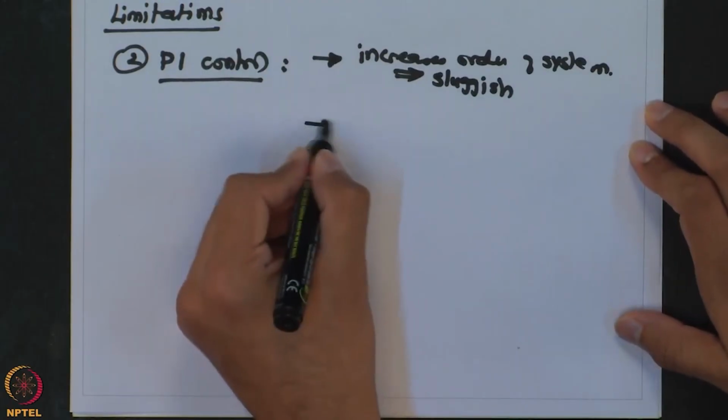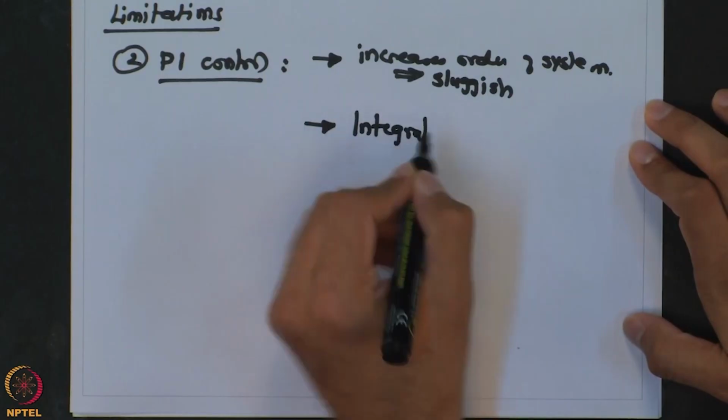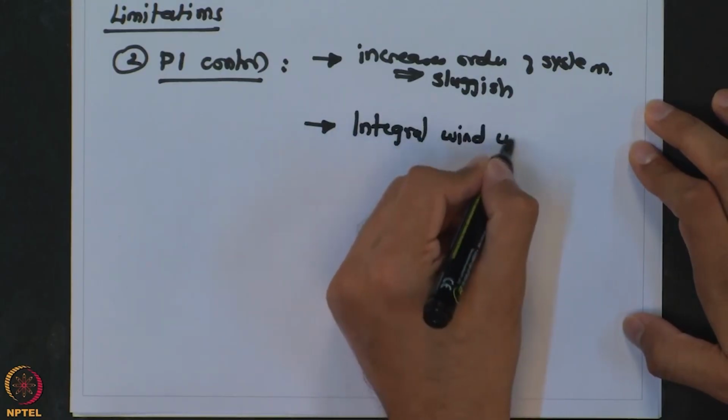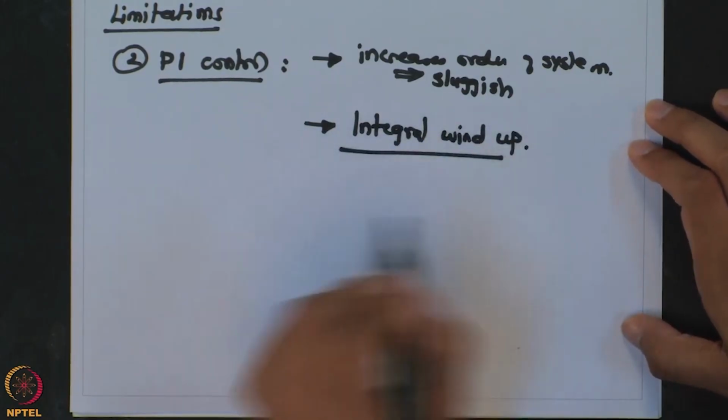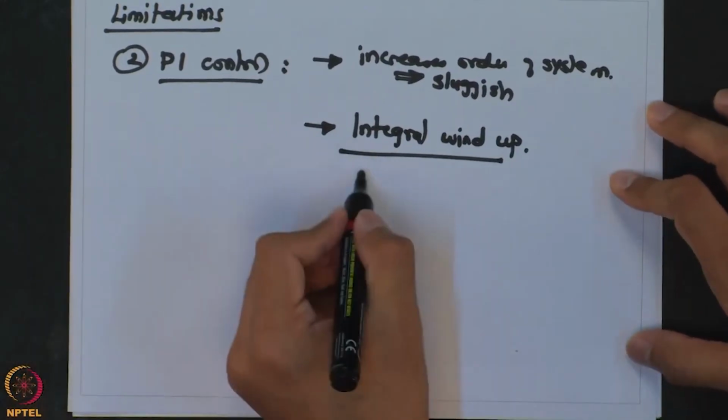The major limitation of a PI control is what is known as integral wind up. And this is present because of the integral action.